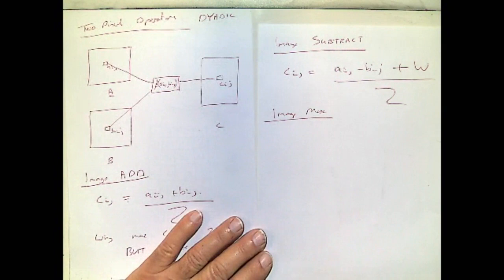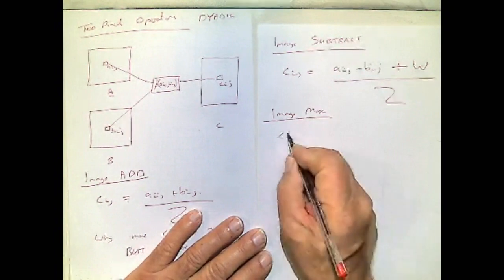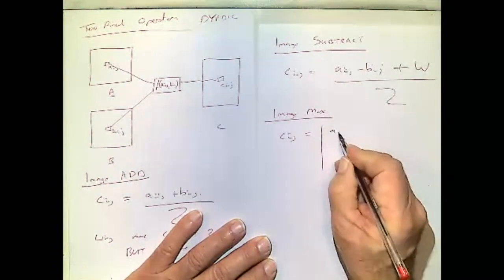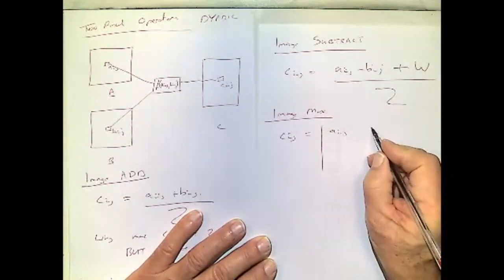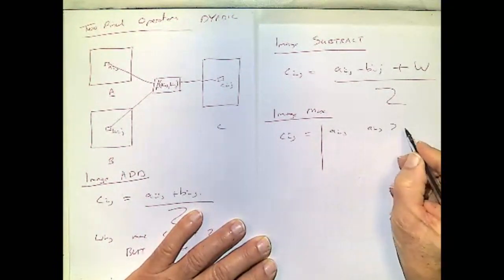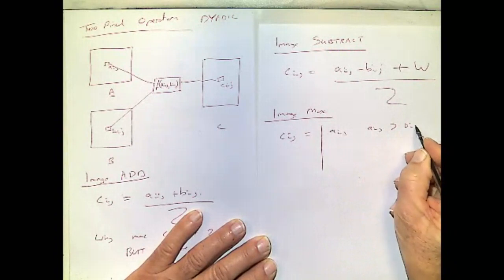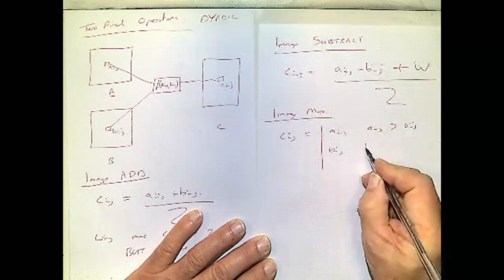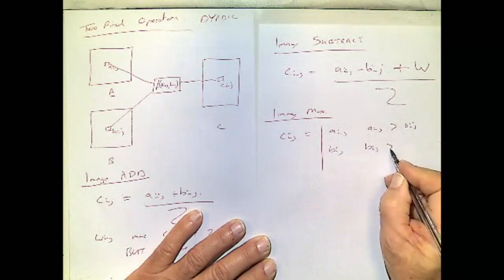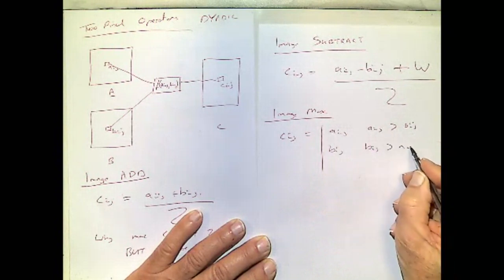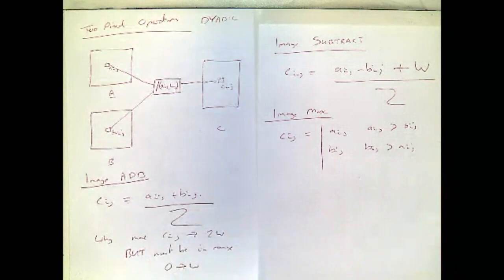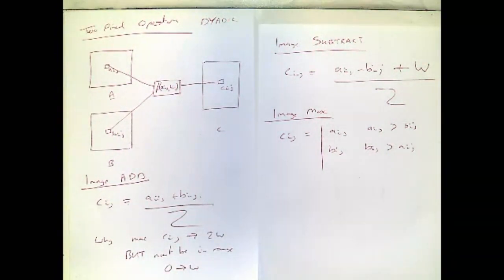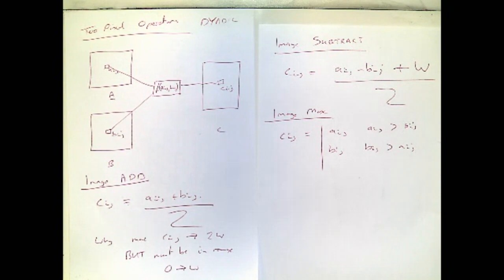So, the image max is going to be Cij equals Aij for Aij greater than Bij, and it's going to be Bij for Bij greater than Aij. That's really for special effects. We don't really use that in serious scientific image processing.